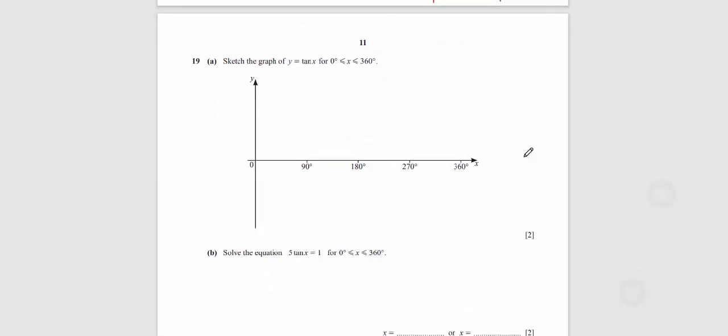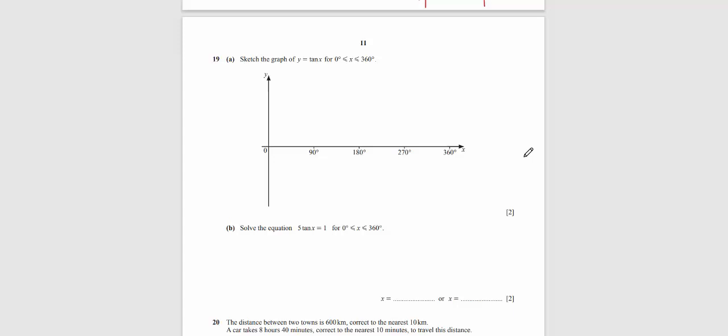Alright, let's look at number 19. We want to sketch the graph of y equals tan x. All of you should know the tan graph will look like this. We have the asymptotes at 90 degrees here, then another asymptote at 270.